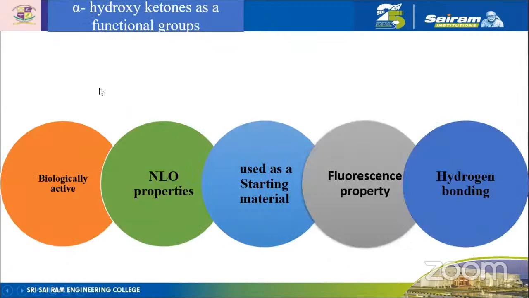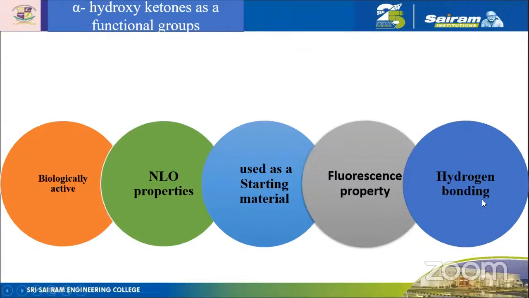So why have I chosen this alpha hydroxy ketone as my compound? Because my compound is very biologically active, and it has very good NLO properties. NLO properties are nothing but non-linear optical properties. Actually, this property plays a vital role for the telecommunications and optical communication industries. My compound is used for preparing many starting materials, and it has a very good fluorescent property.